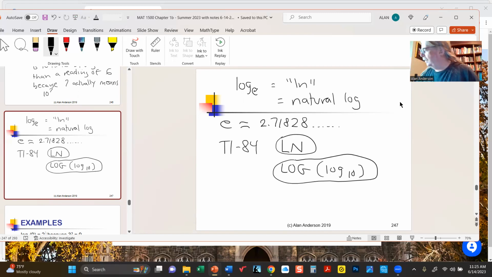Now, by the way, the iPhone has this too. If you want to use your iPhone calculator, just a quick tip here. It's one of those apps that's built into the phone. If you have the phone, you have this app. So when you click it on, you look at it and say, wait a minute, that's a very basic calculator. I don't need that. But if you turn it on its side, look at all these functions it has.